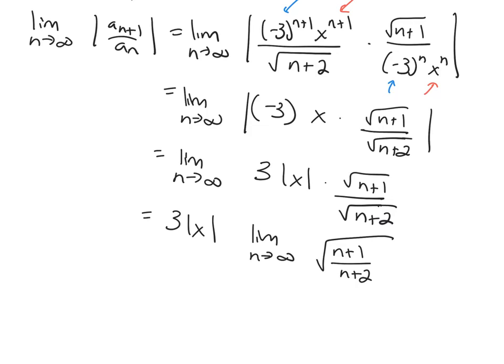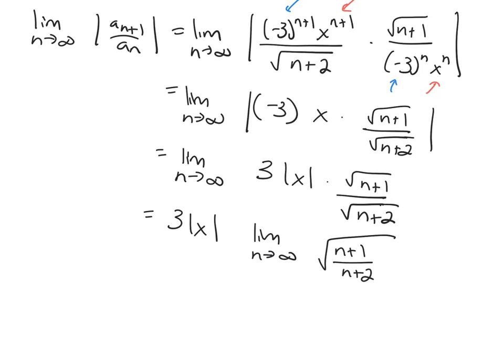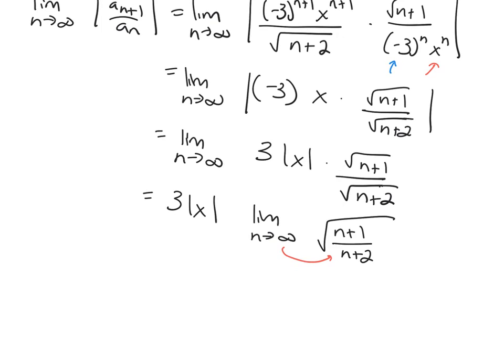And then the limit sees a square root, which is a continuous function, so the limit is just going to bypass it and go inside. Three times the absolute value of x, the square root of the limit of n plus 1 over n plus 2.